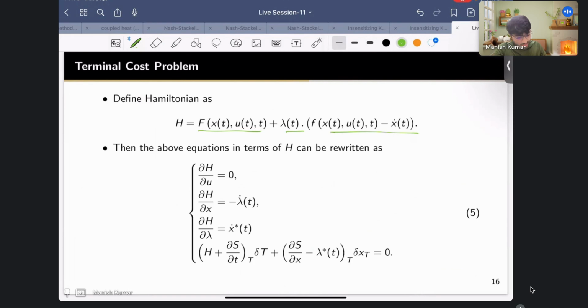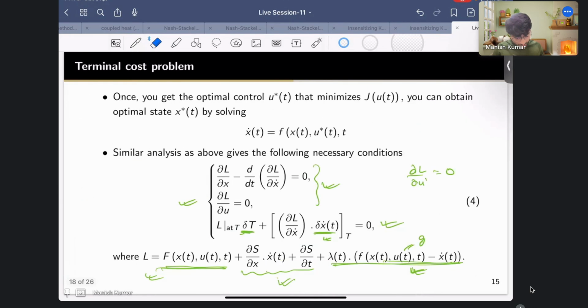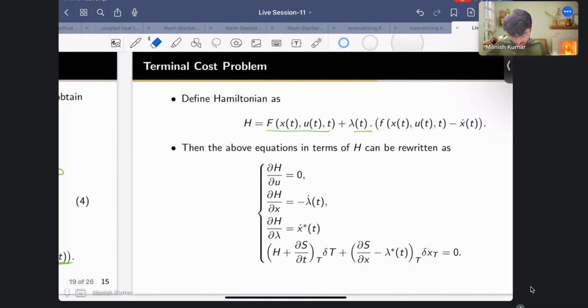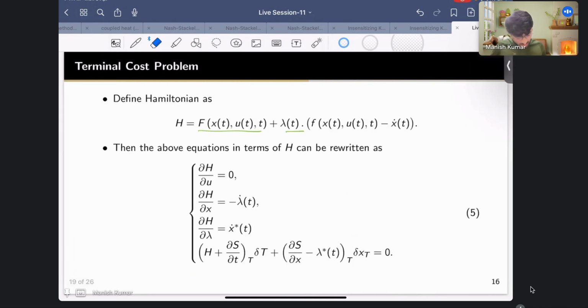I think here I have made a mistake in this Hamiltonian. This x prime should not be there.